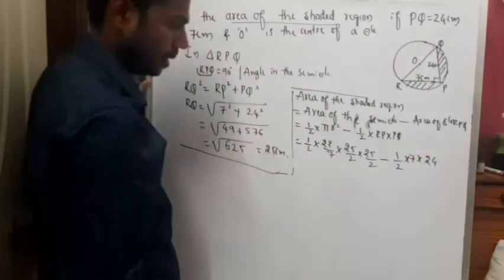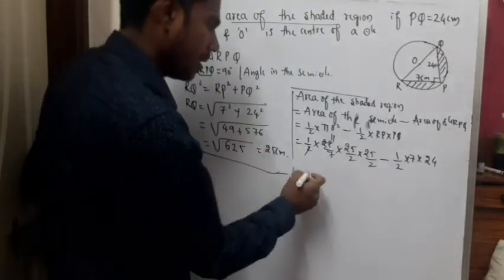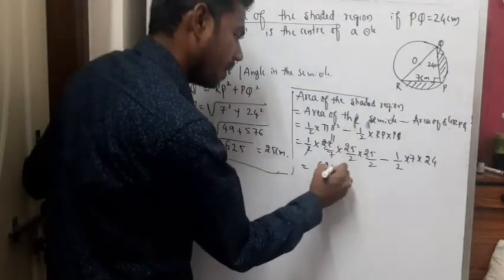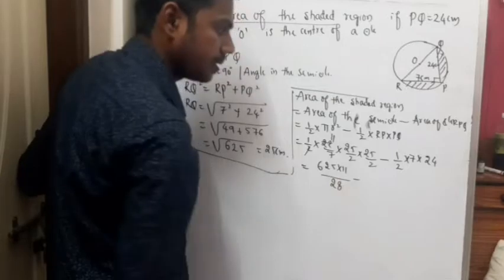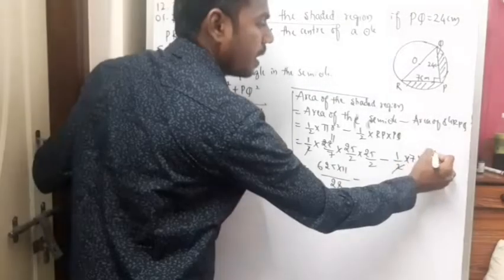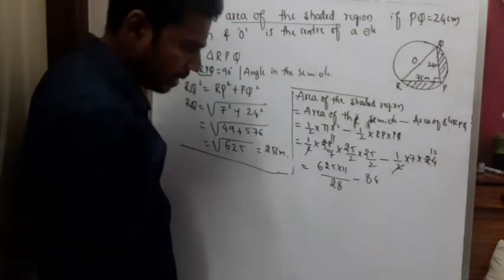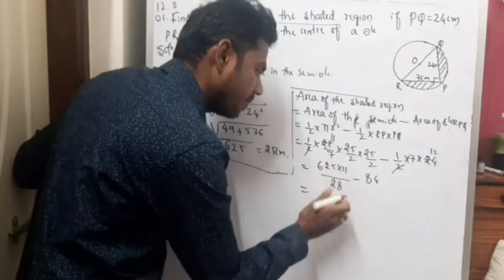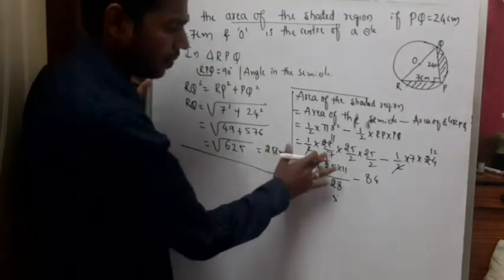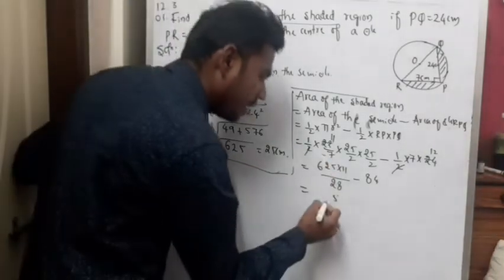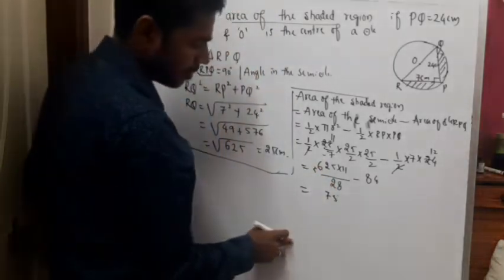We'll retain it. So 2 1s are 2, 11s are, 625 into 11 divided by 7 4s are 28, minus 2 1s are 2, 12 7s are 84. Now 11 5s are 55, carry 5. 11 2s are 22 plus 5, 27, carry 2. 11 6s are 66 plus 2, 68.